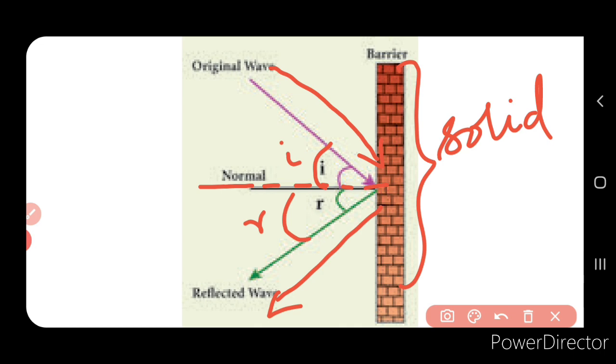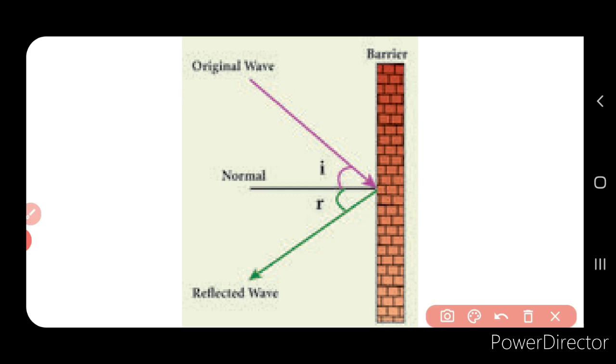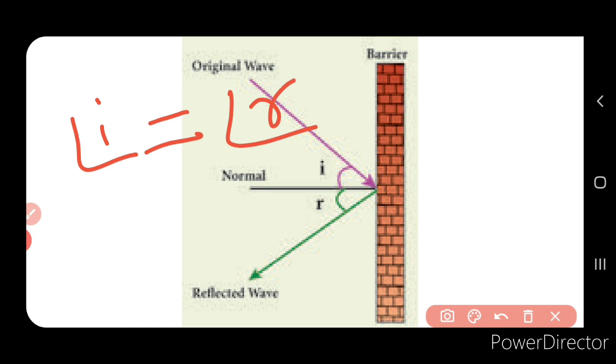Now the laws of reflection are similar to those of the reflection of light. The incident wave, the normal, and the reflecting surface will all lie in the same plane. And one more thing is that the angle of incidence is equal to the angle of reflection. So these are the two laws that we saw in case of a light wave, isn't it?